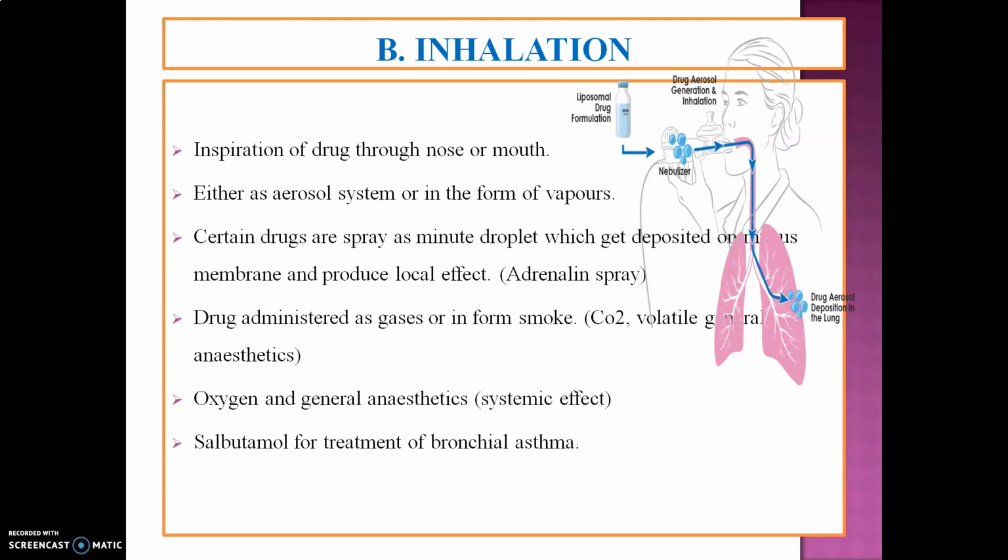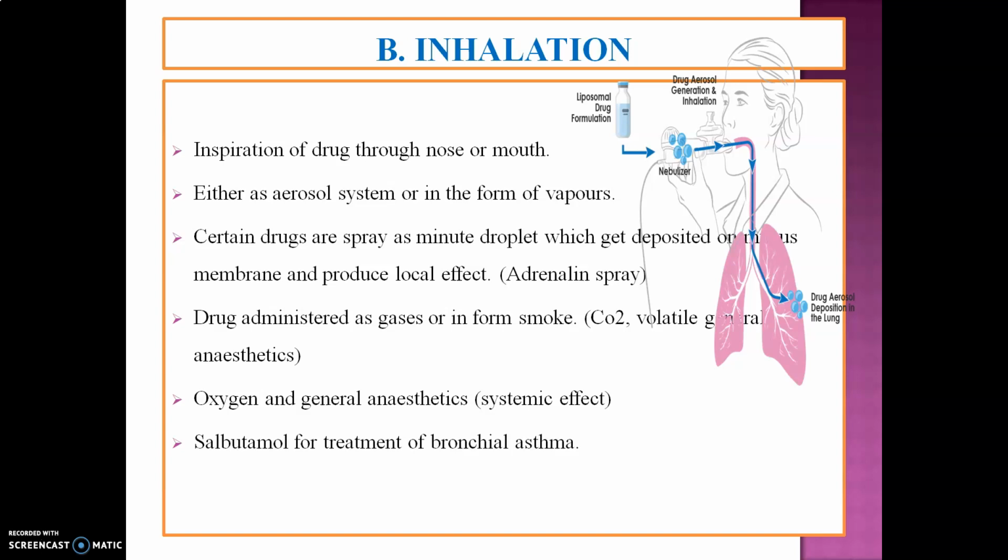For example, adrenaline spray. Plus some drugs are administered as gases or in the form of smoke, for example carbon dioxide, volatile gases, some local anesthetics. Plus oxygen and general anesthetics are also used by inhalation for systemic effect.